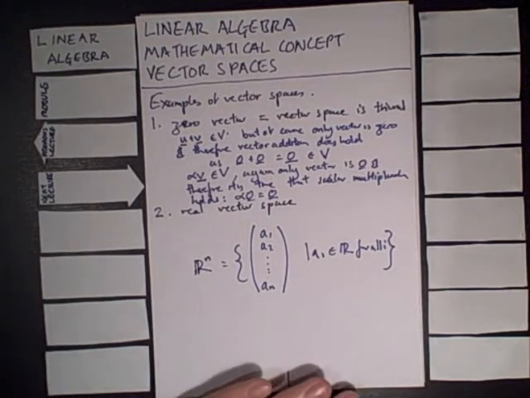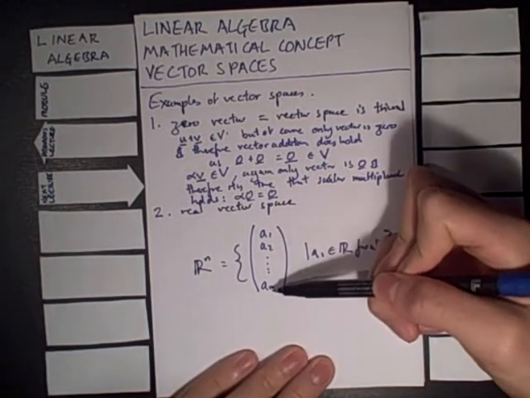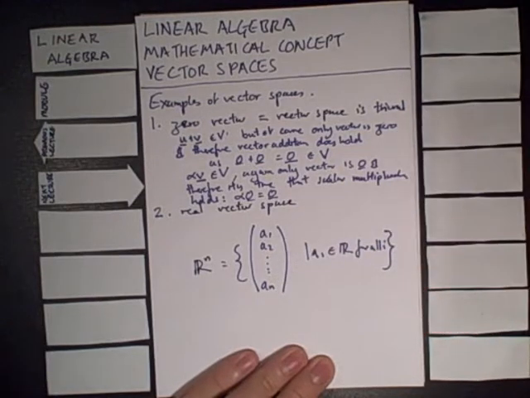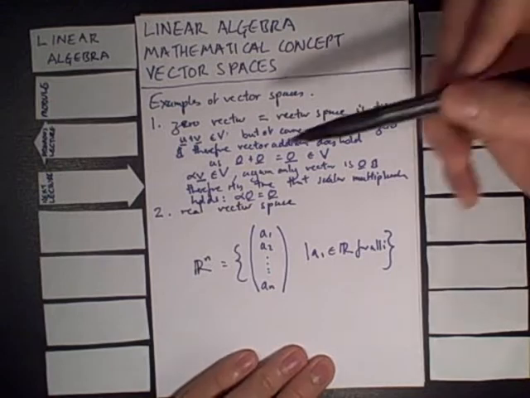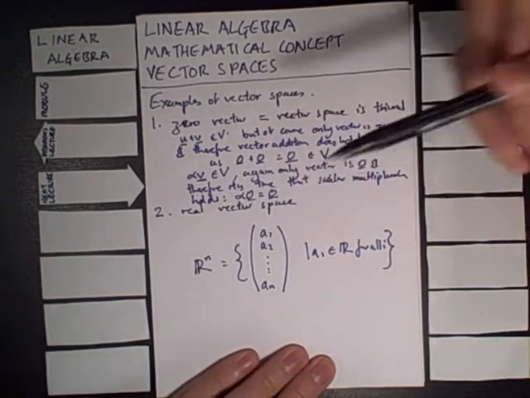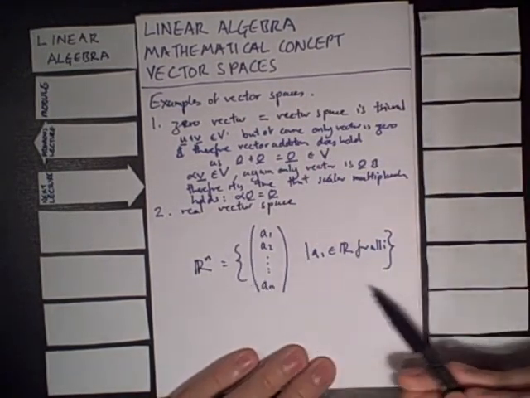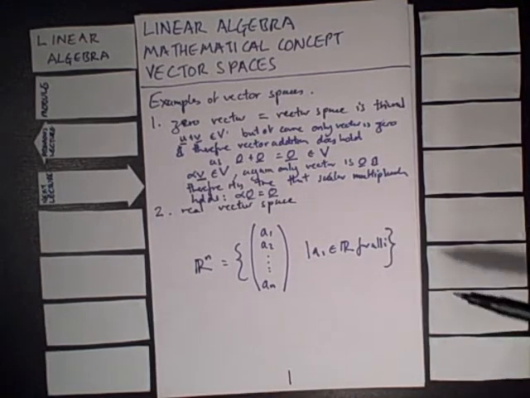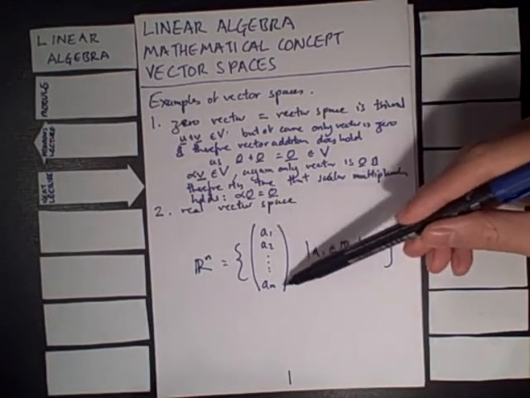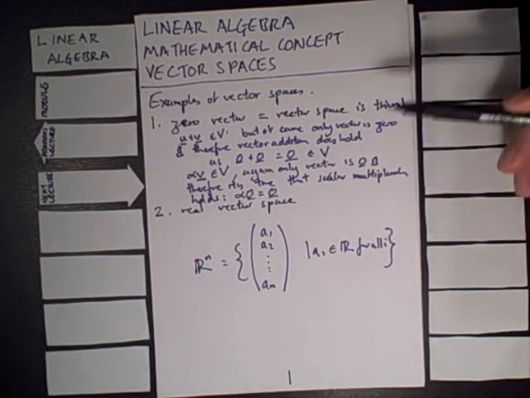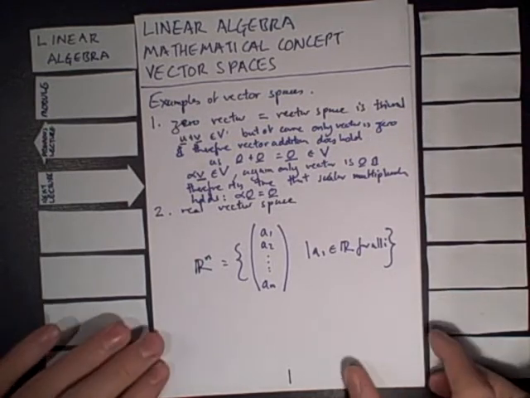We also know the number of the elements. Here there are n elements. This refers to the dimension of the real vector space here. So what all this nomenclature means is that each of the elements in the vector is real. That's all it means.